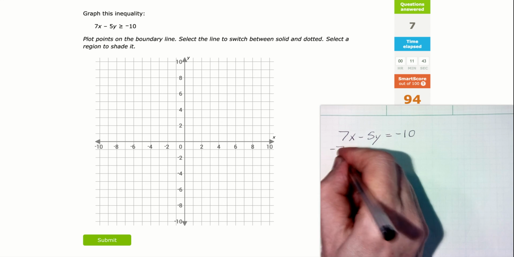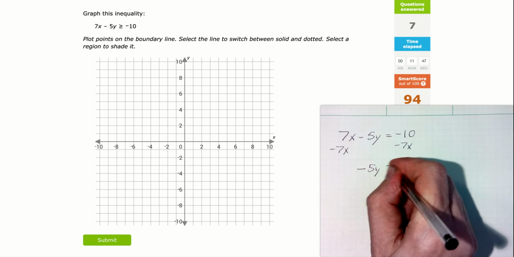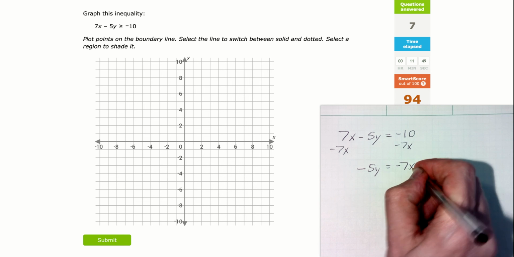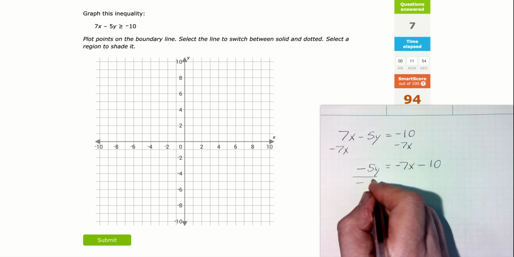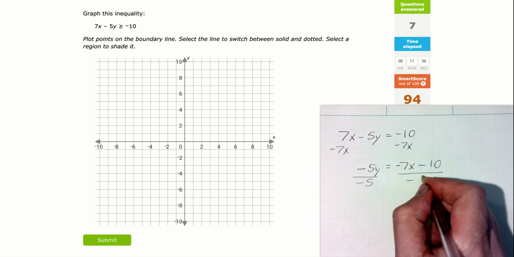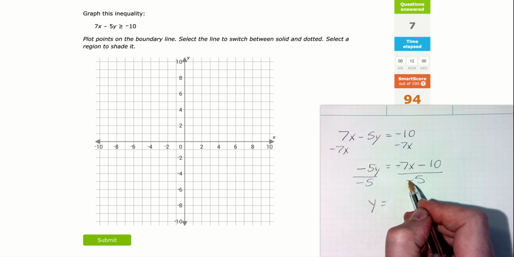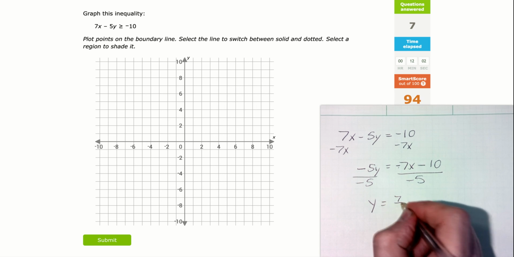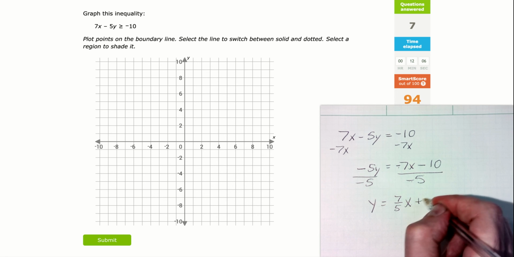I'm going to subtract 7x from both sides. That leaves me negative 5y is equal to negative 7x minus 10. Now I'm going to divide by the negative 5, divide by the negative 5. I get y is equal to a negative 7 divided by a negative 5 is going to be a positive 7/5 x. Negative 10 divided by negative 5 will be a plus 2.